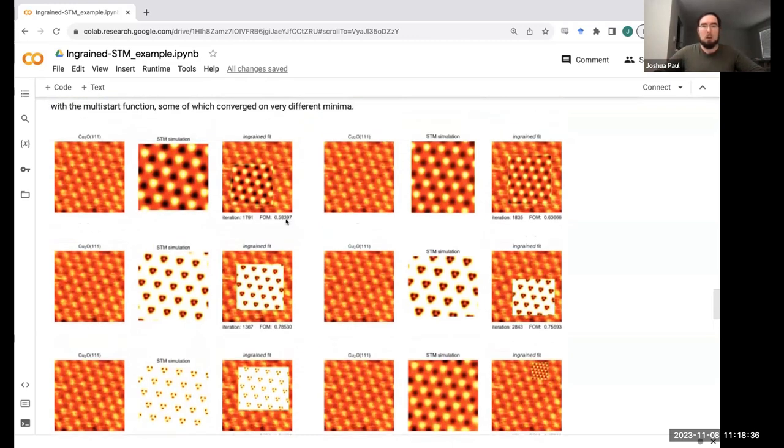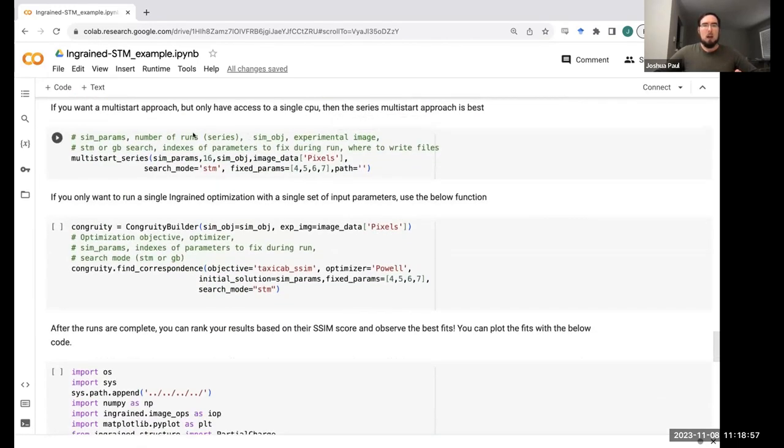And so if we look at the lowest score, then we can optimize further from there. So what I would normally do is take the final settings for this simulation and then optimize further from there once or twice more, just to ensure that a ground state is reached. I have the code here on how to do that.